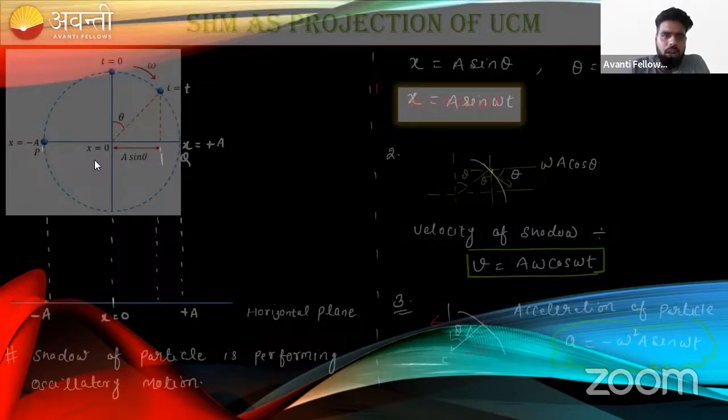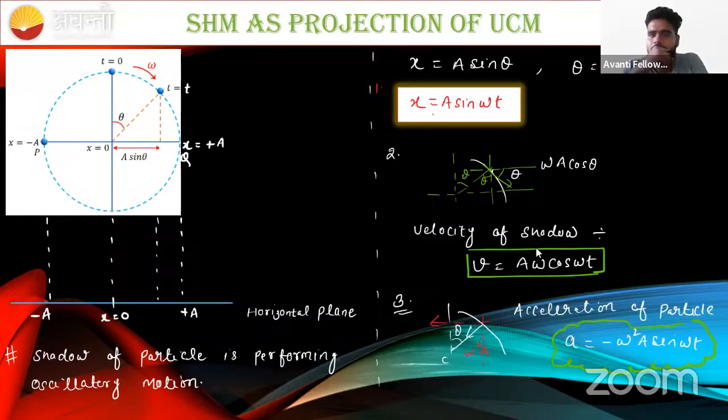Let's move to how SHM is the projection of uniform circular motion. Just listen carefully, guys. Suppose a particle is performing circular motion. This is the position of the particle at t equal to 0, and the particle is moving in the clockwise direction.